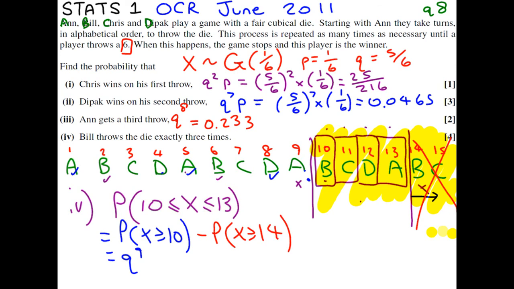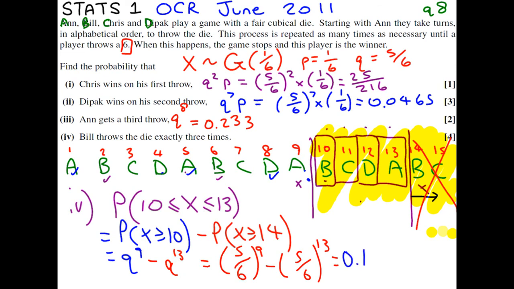So what we're going to do is q to the 9, take away q to the 13 from your formulas. So that's going to be (5/6) to the power of 9, take away (5/6) to the power of 13. If you put it in your calculator to 3 significant figures, you get 0.100.